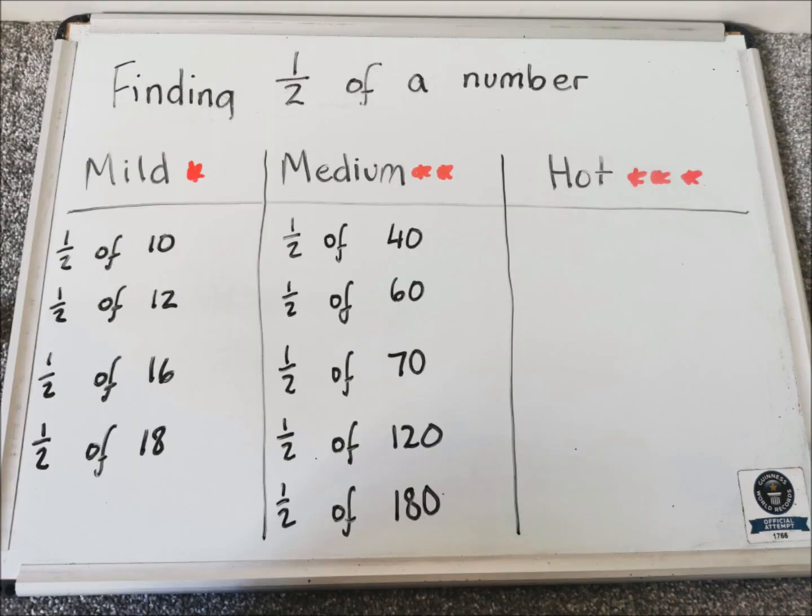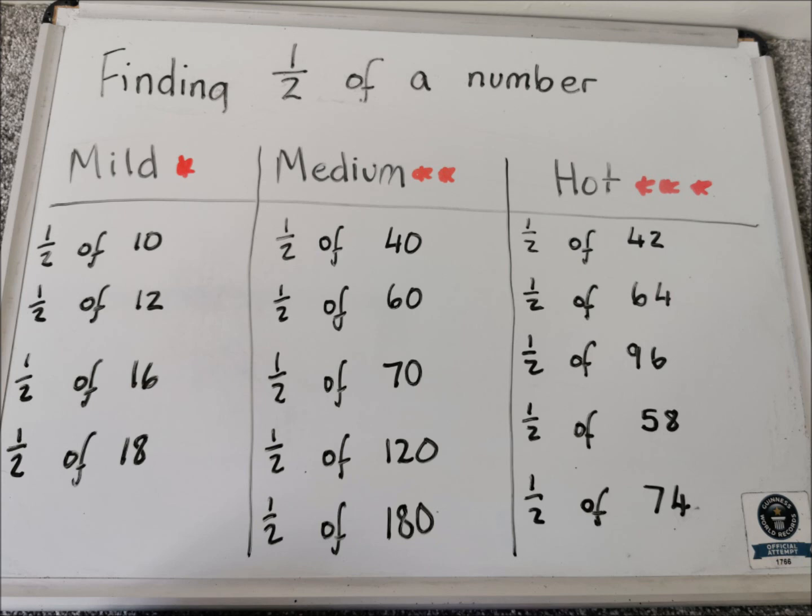Medium takes it to the next level ever so slightly, but stays within 200, and they're all multiples of 10. And hot ones, you will need to use a different strategy like the partitioning that I have just shown you to be able to work those out. So you can decide what level you're going to do just now. You can do all 3 levels, it's completely up to you. So you can pause the video just now and then we'll come back and we'll get some answers in a wee second.